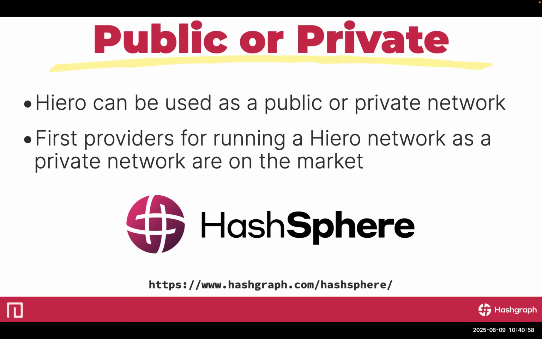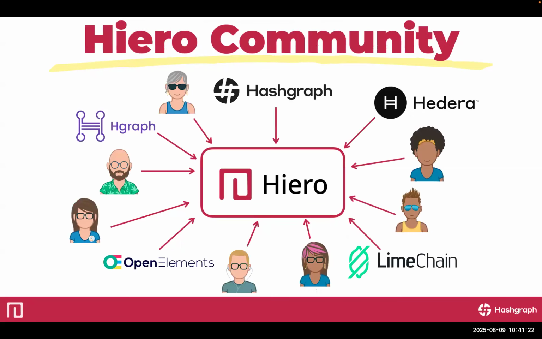If it's a private network among companies, maybe 3 nodes is enough, with 1 node in each company. With that, you already have a great distribution and you can create trust, because none of those 3 companies is owning the data; all 3 own the data. And that is possible not only with HashSphere, but with Hiero as a 100% open project.